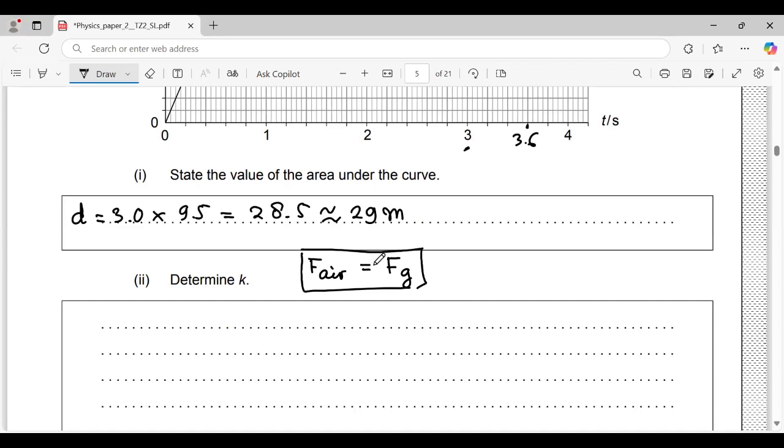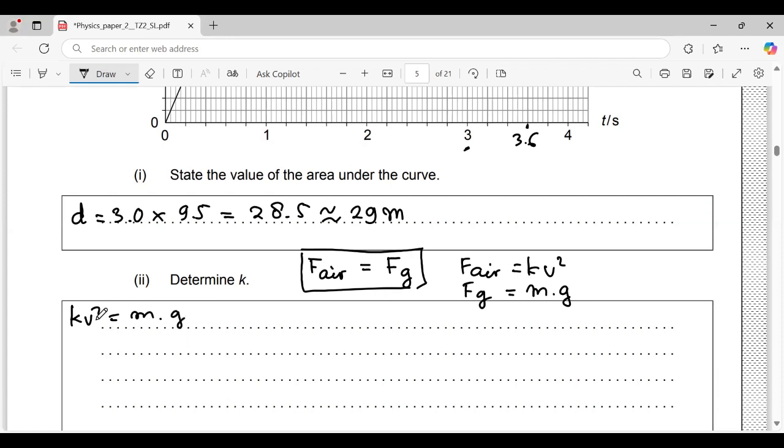According to the information, F air equals k v squared, and we know that the gravitational force is m times g. This is W, weight. So based on this information, we can state that k v squared equals m times g.